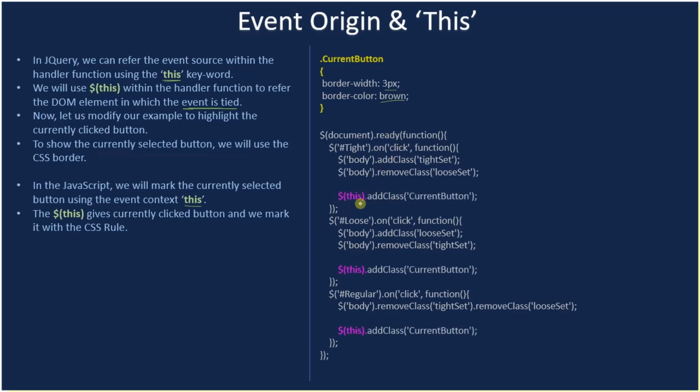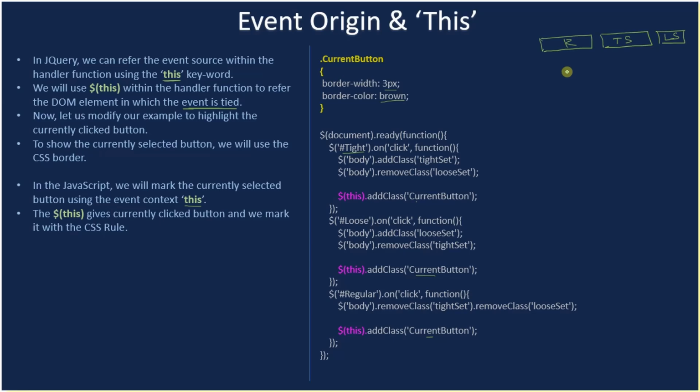We will be adding $(this).addClass("currentButton"), right? Here if you see, the button clicked is tight, so we add the class attribute currentButton. That means the tight button is marked with this border style. And if you look here for the loose button, we are doing the same. Our document contains 3 buttons, right? One is regular, another one is tightSet, and another one is looseSet.